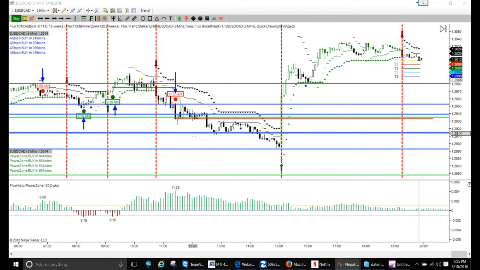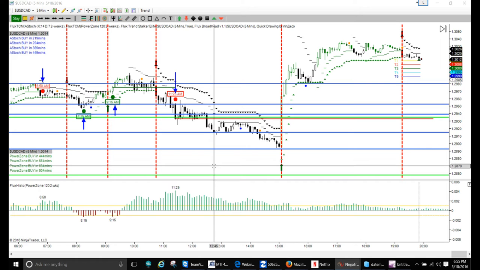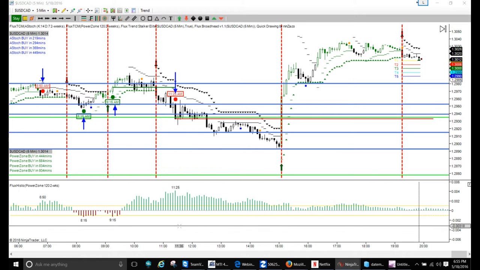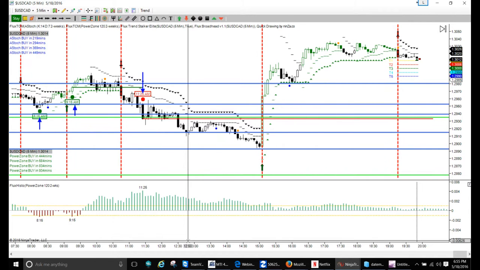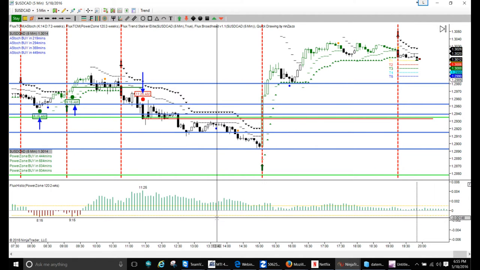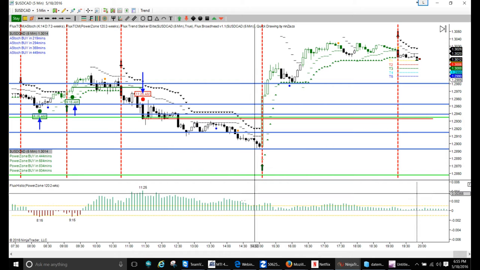But you can see how these signals work. I've traded them, and they are very profitable. Very easy trading, in the sense that you can plan your trades before they even happen.